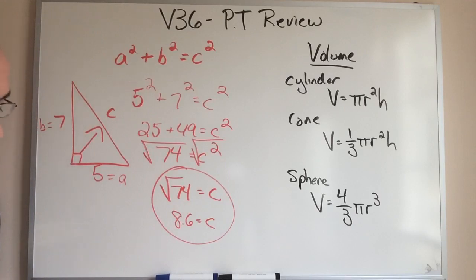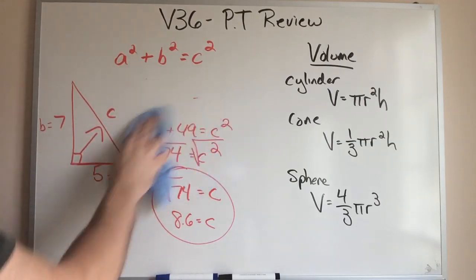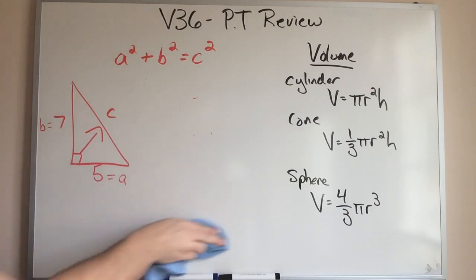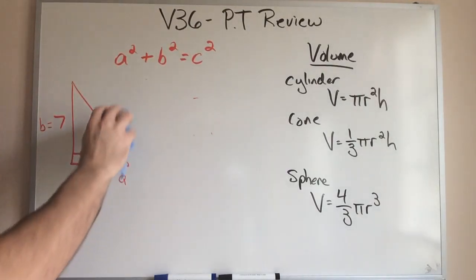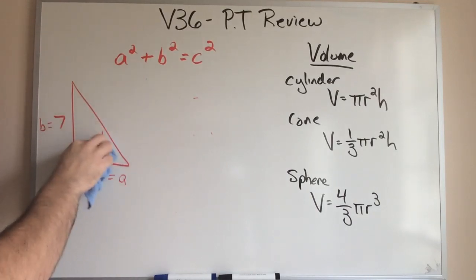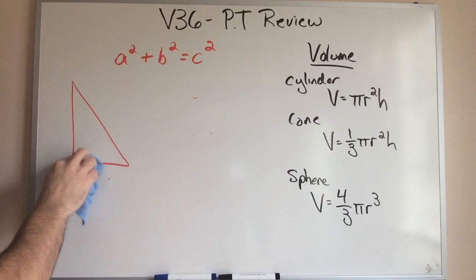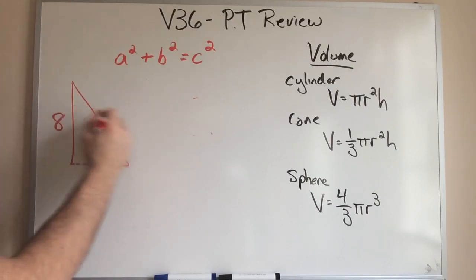Okay? One more problem for you, and then we'll be done for this video, is the converse of the Pythagorean theorem. So for instance, I will provide a triangle. It'll look like a right triangle, but it won't have the box, which means that we don't know yet because we have to figure things out. So let's say that I give you measurements of 6, 8, and 10.